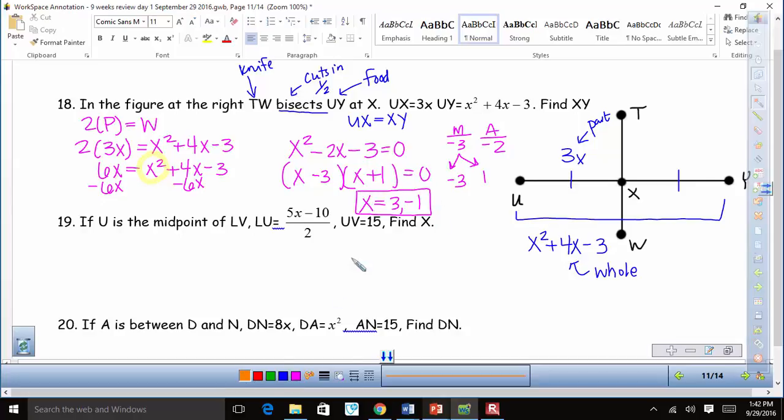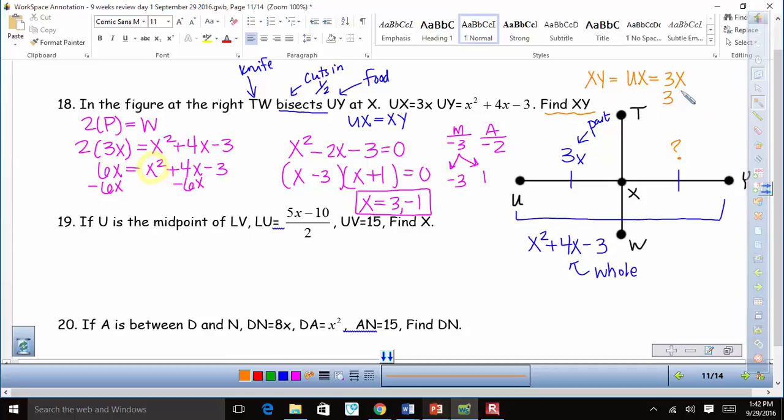And then what did they ask us to find? They asked me to find XY. I'm not given that piece, so how am I supposed to do that? We found up here that UX equals XY. So if XY is equal to UX and UX equals 3x, we're just going to plug in.